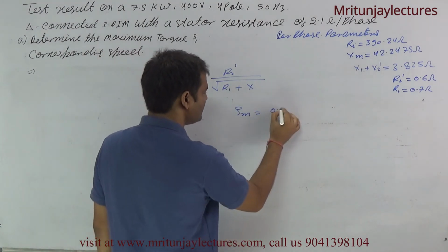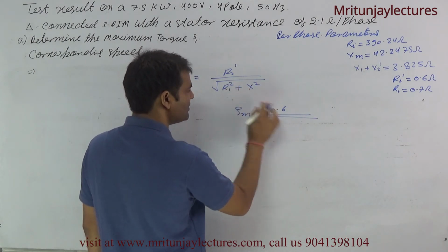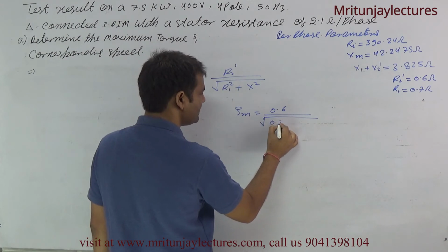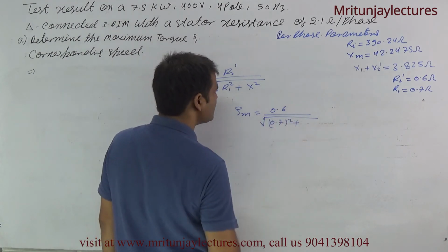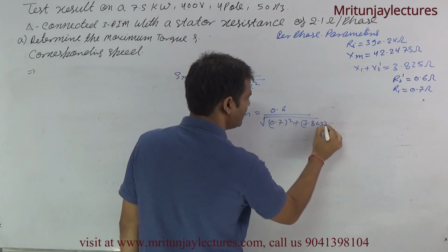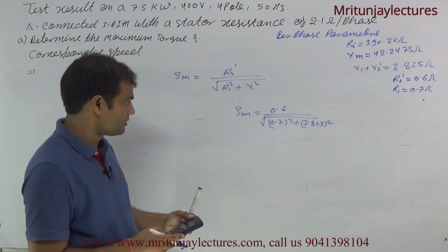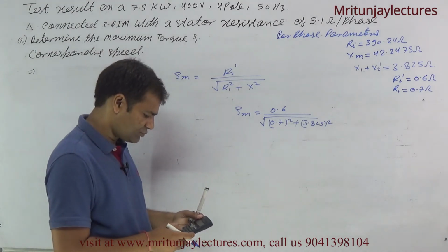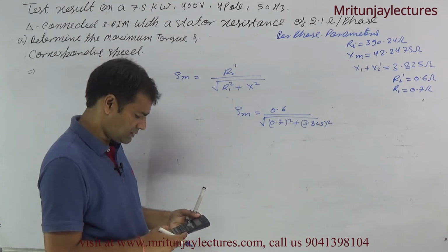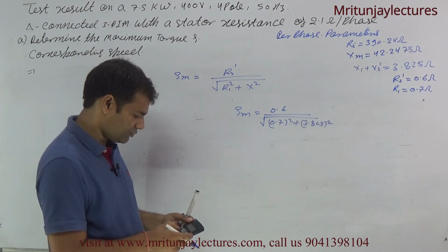R2 dash is 0.6 divided by the square root of r1 squared, that is 0.7 squared, plus x squared, where x is 3.825 ohm. So now 0.7 to the whole square plus 3.825 to the whole square.